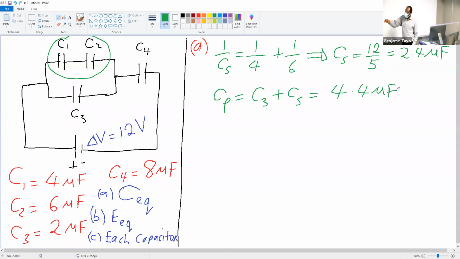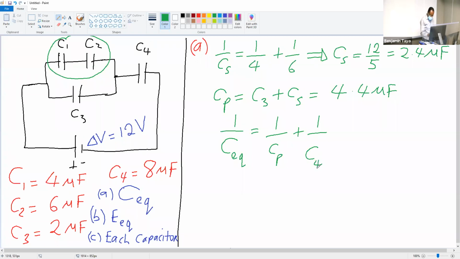Now, we can take C parallel and combine it with C4. Does that make sense? You see that C parallel is in series with C4, right? So it means that I can calculate my 1 over C equivalent. It's 1 over C parallel plus 1 over C4.